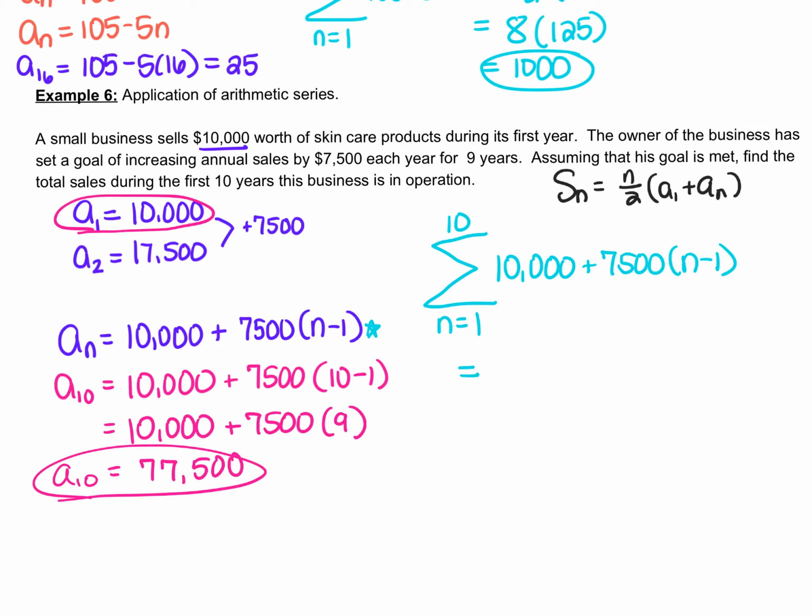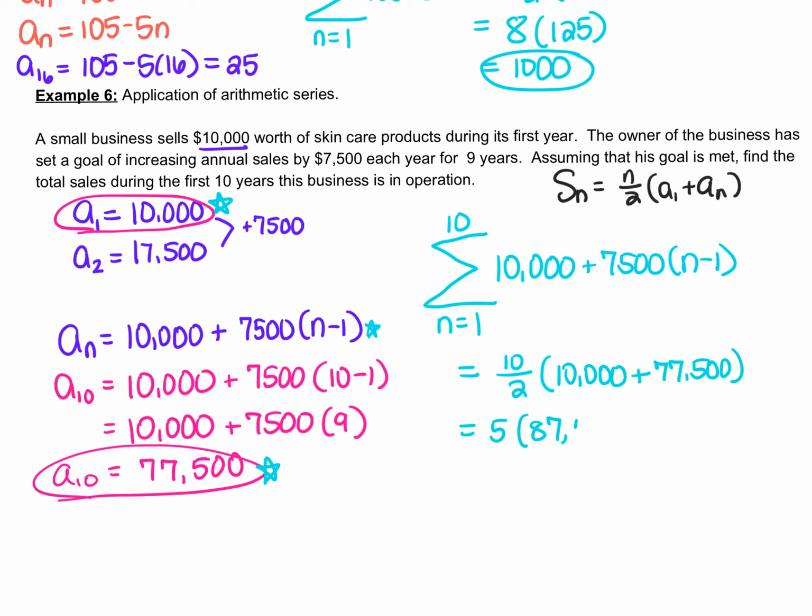There's 10 terms that we're adding together. So 10 is n divided by 2 times our first term. We came up with our first term here is 10,000 plus our last term, which we said was year 10. So that's 77,500.